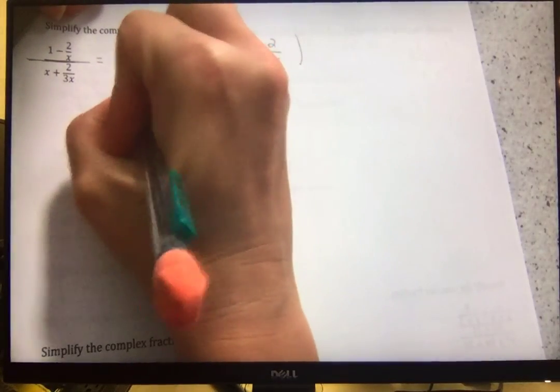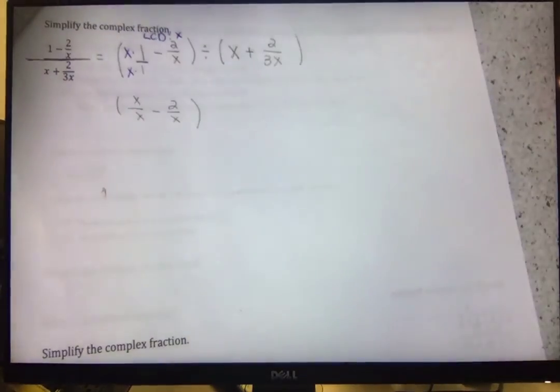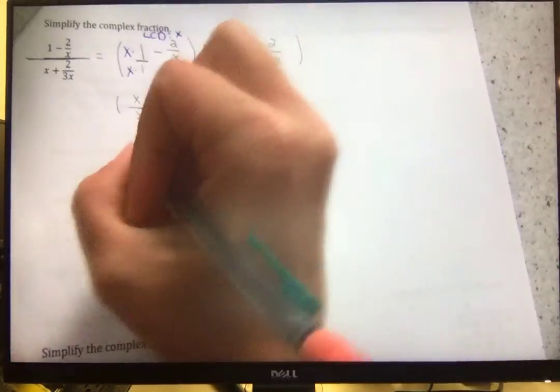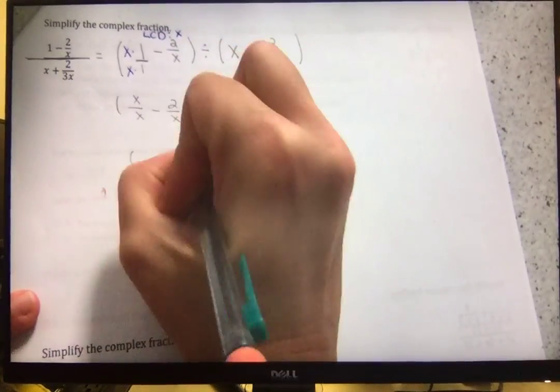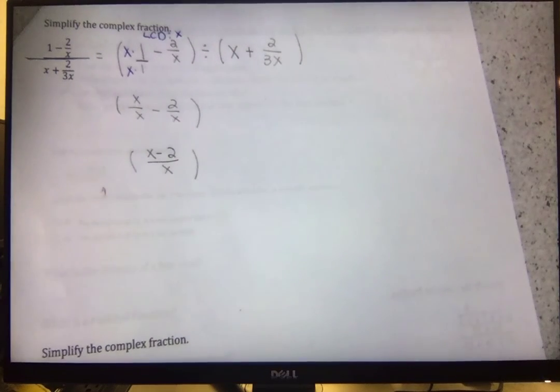That'll leave us with x over x minus 2 over x. Now these are like terms, so I can combine them together as one big fraction all over x. So we have x minus 2 over x.